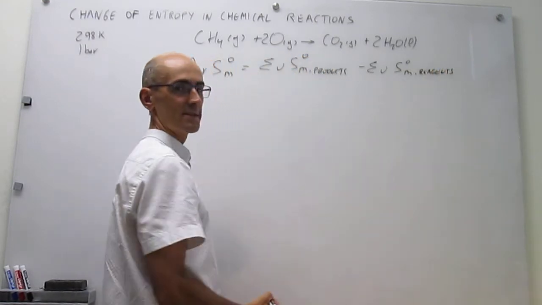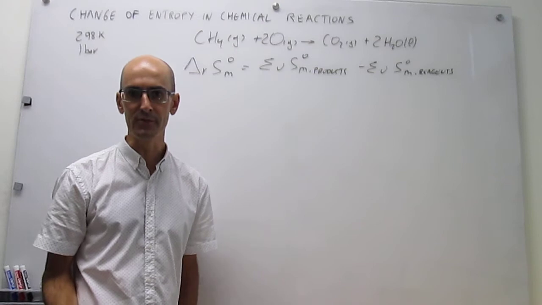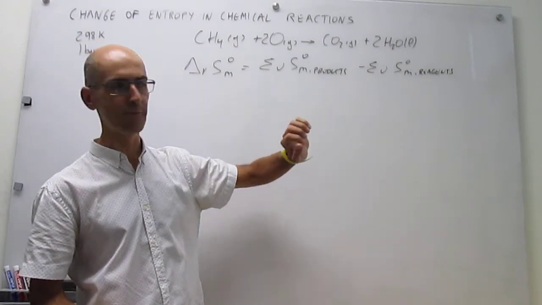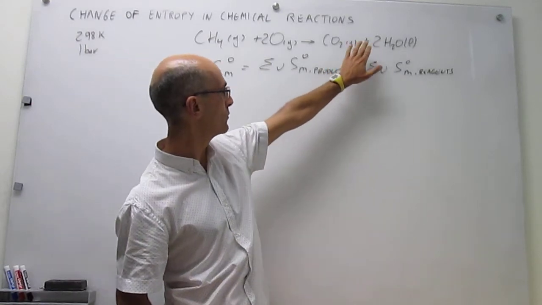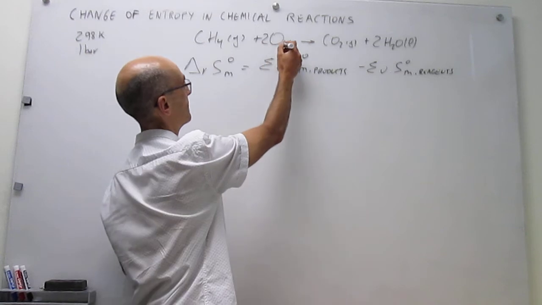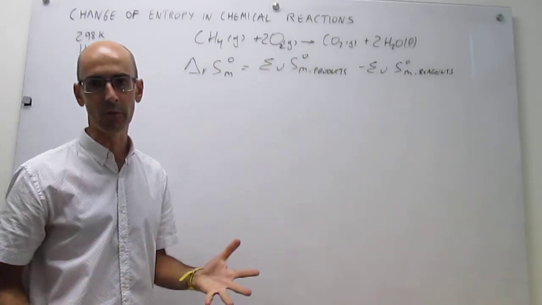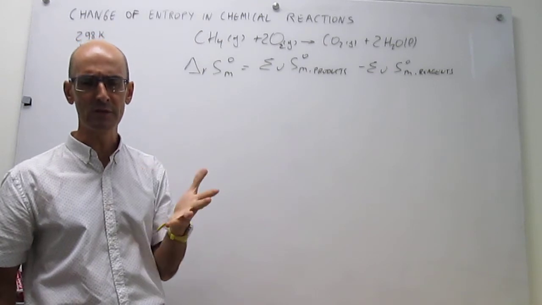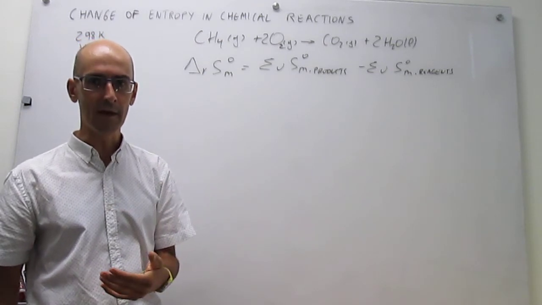Right, so, well, this seems simple enough. The question is, where are these molar entropies coming from? Do we have values for the molar entropies of liquid water and CO2 and oxygen gas and methane? Of course, oxygen is molecular oxygen, right? So do we have molar entropies for all those species, and if so, where do they come from?